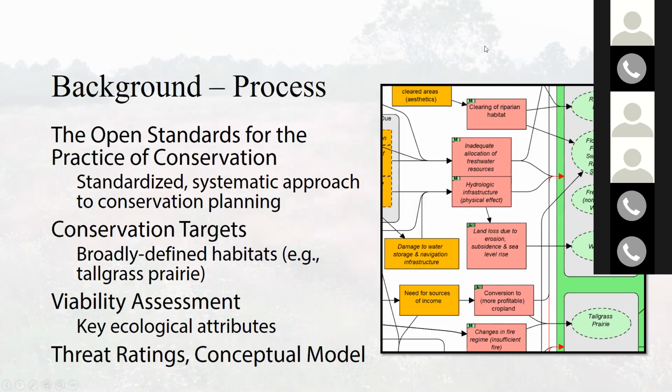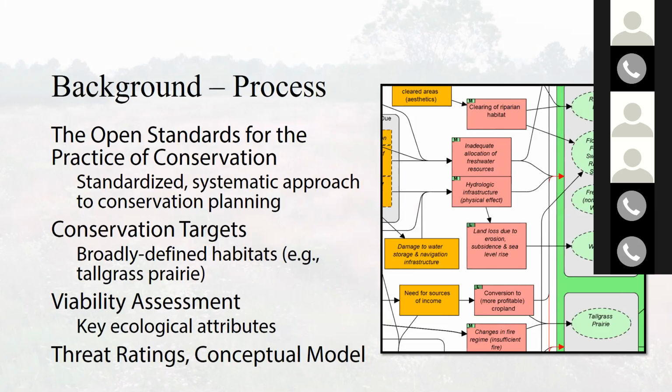And then from there, you conduct a viability assessment where you identify ecological attributes that are really important to your conservation targets, to have an idea of the current state of them, and to identify potential indicators for monitoring progress in their conservation into the future.